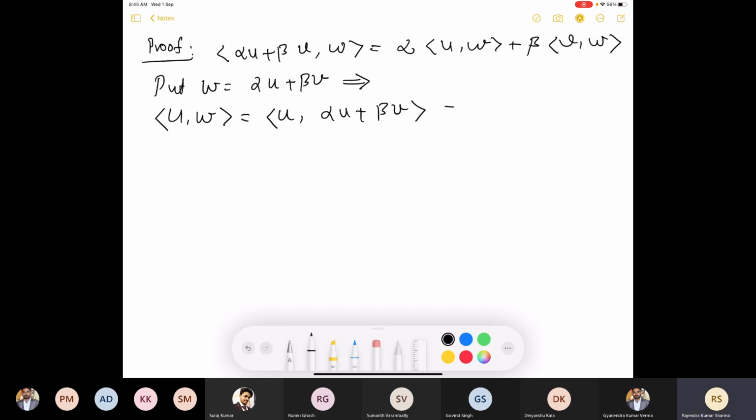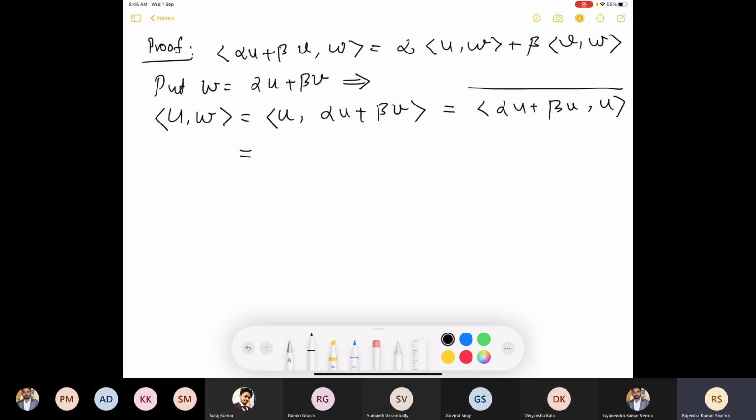And now recall that when we have in the second coordinate the coefficients, we use the complex conjugate.